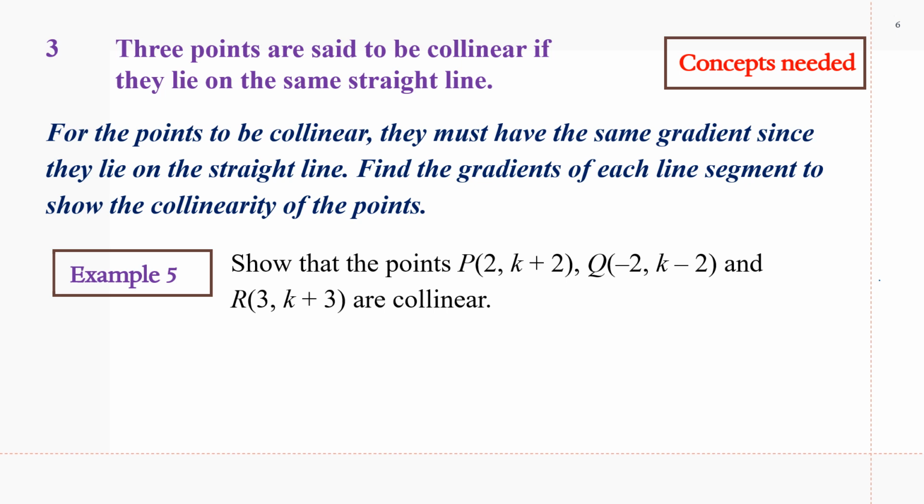If we can show that they have the same gradient, then it means that the points P, Q, R lie on the same line. So let's start off by finding the gradient of PQ.